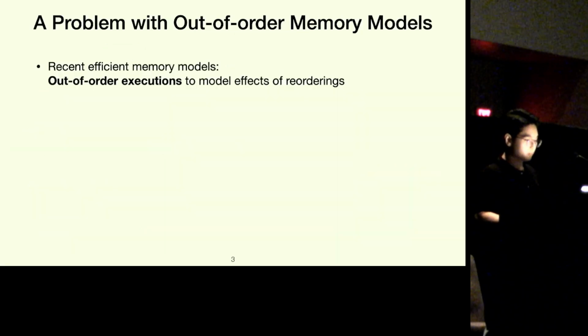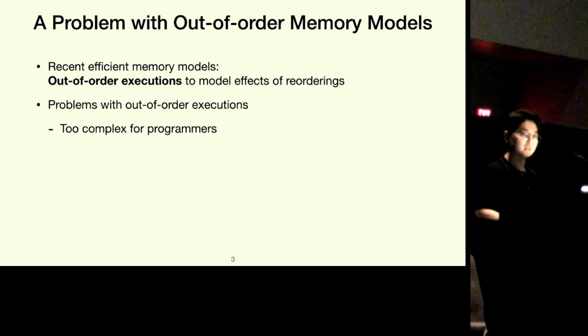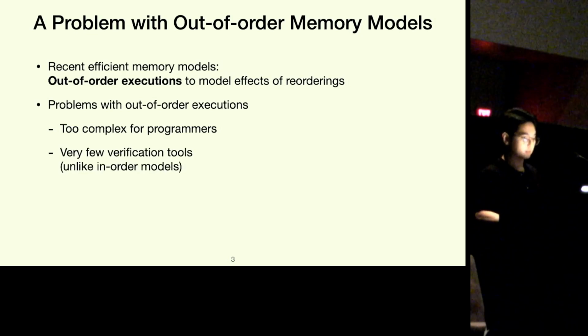Recent models that focus on efficiency use out-of-order executions to model weak behaviors due to instruction reorderings. The problem is that out-of-order executions are too complex for programmers, and there are very few verification tools for these models, unlike in-order models for which multiple program logics and model checkers have been developed.